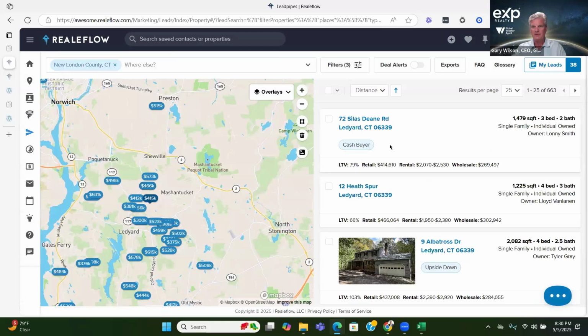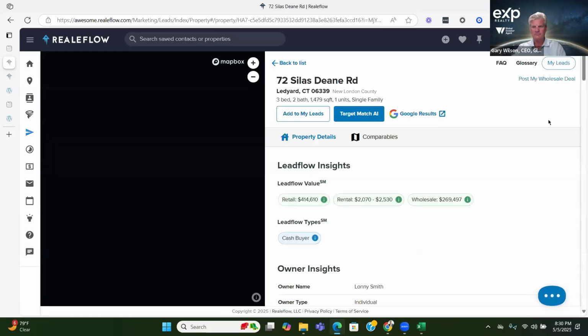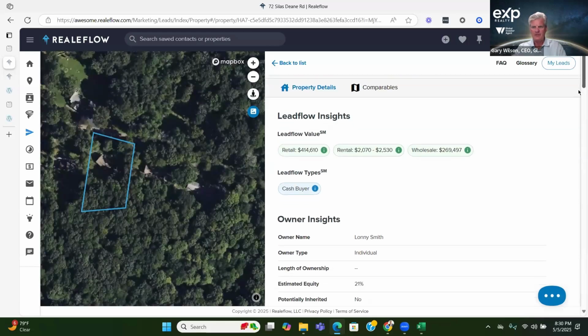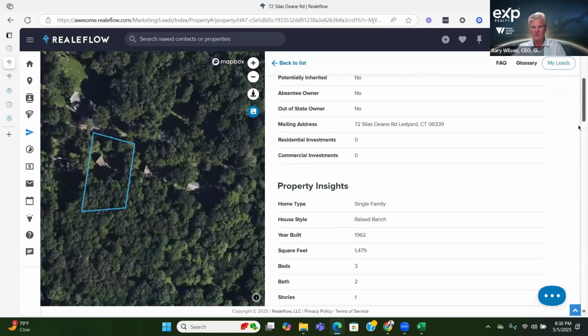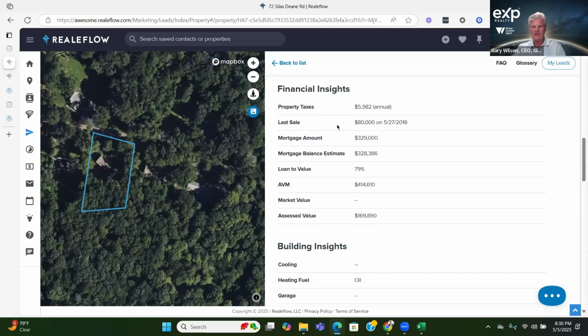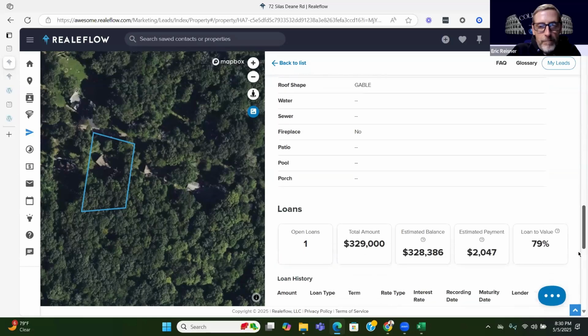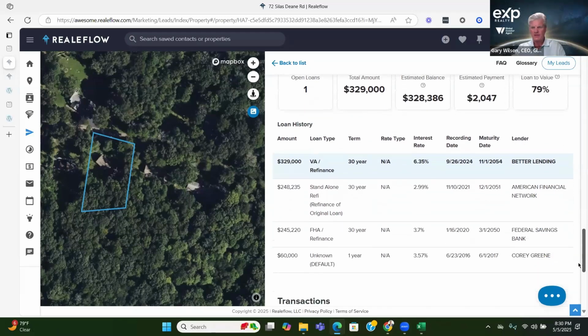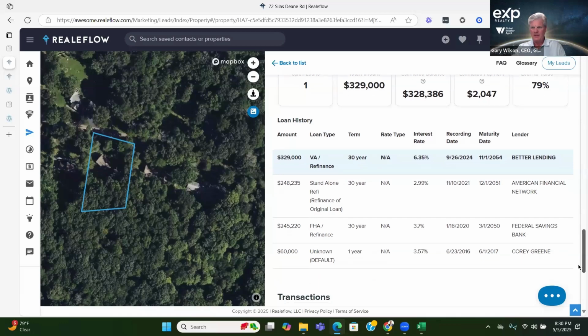Yeah, look here. And scroll down to property insights, financial insights. Okay. Last sale 80,000 in 2016, mortgage amount, mortgage balance estimate. Just scroll down to the mortgage section. It should list it. Yep. Better lending.